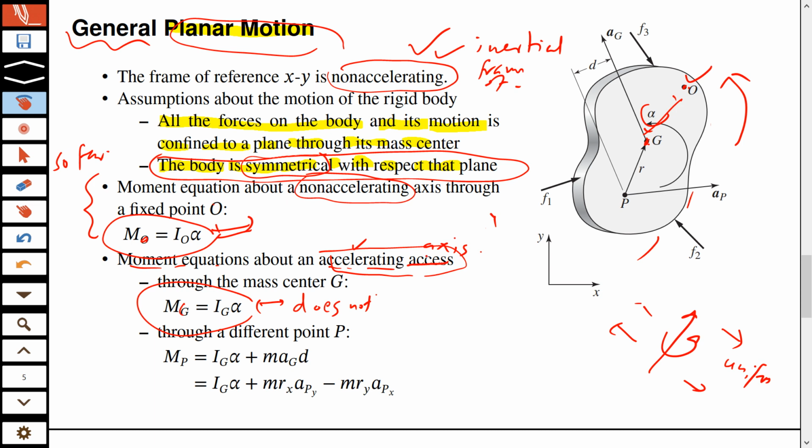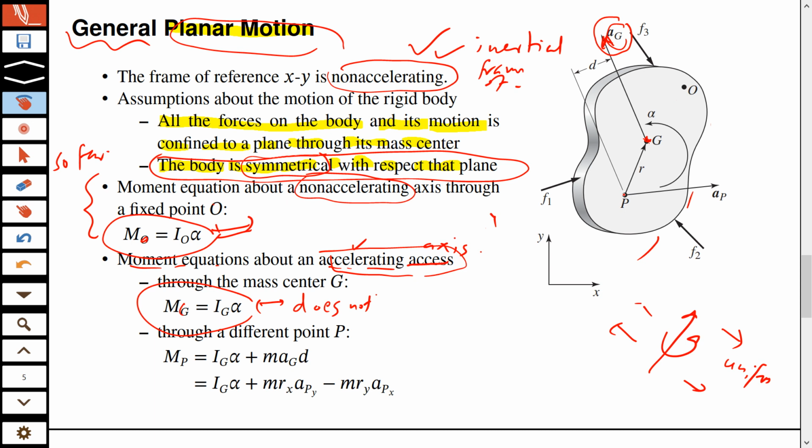Now, how do you see that in the diagram? You can see that here, this point G, and remember the axis of rotation is into or out of the page, crossing this G. Now this whole body, in other words that axis, can accelerate, and let's say this is the direction of acceleration AG.